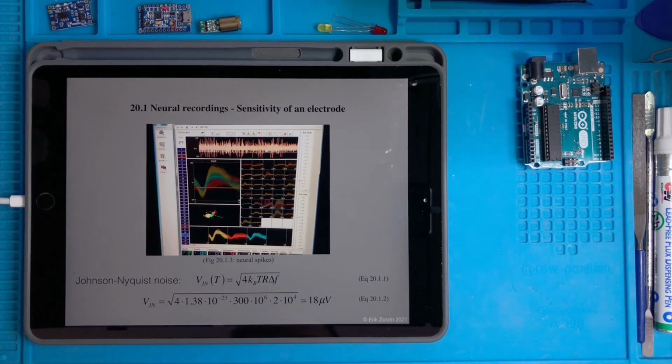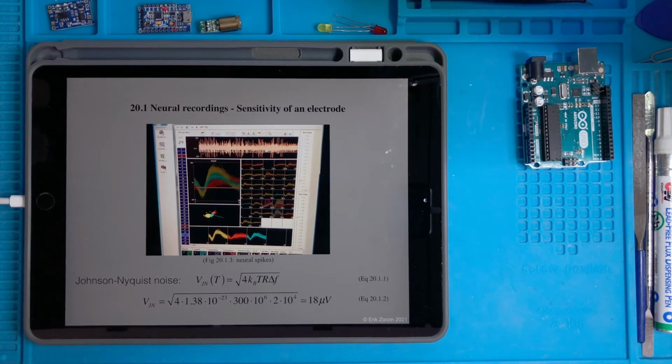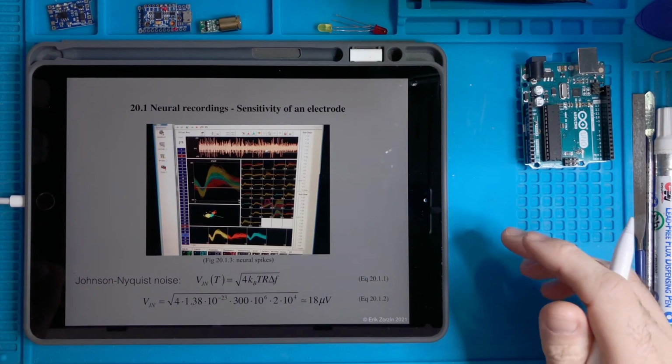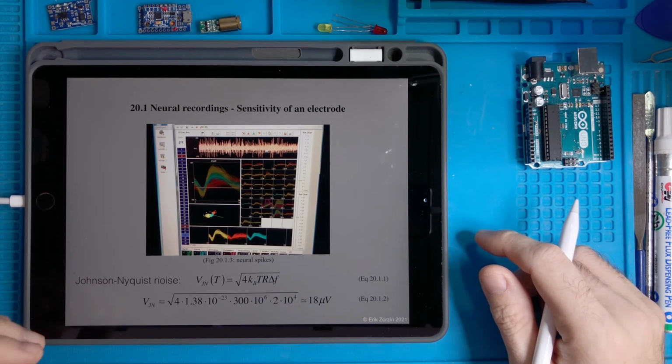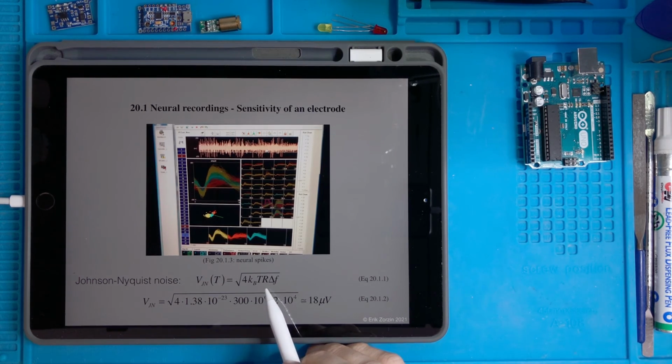So it means that whatever is below that level will fall into a sort of background of noise, and then it's very difficult to see if you have a signal which is very weak like this. So basically, to simplify, a signal that is weaker than the thermal noise in an electrode is lost. And you can choose the Johnson-Nyquist noise level if you tune the resistance of the electrode.